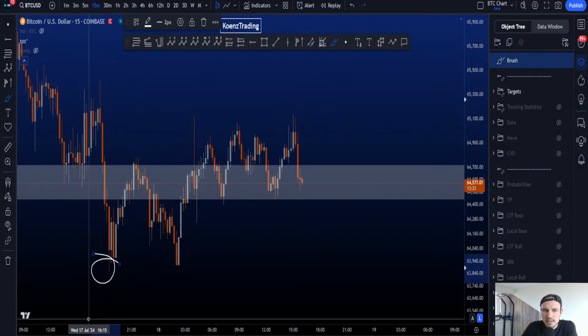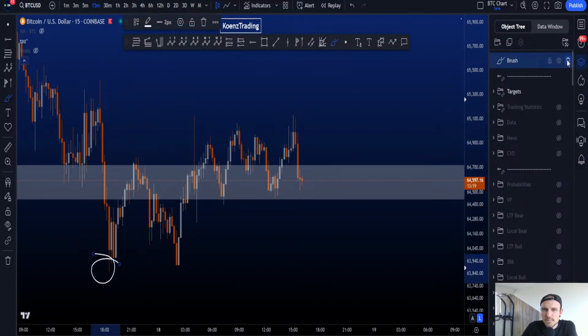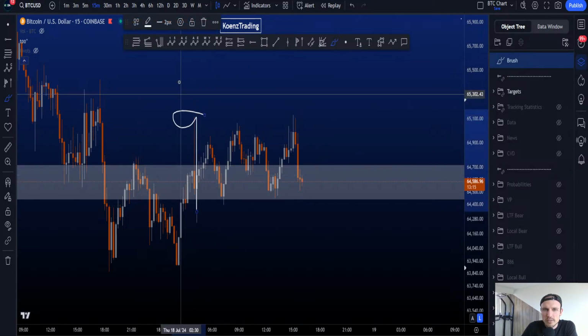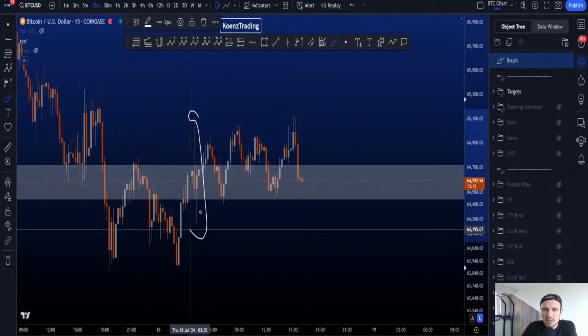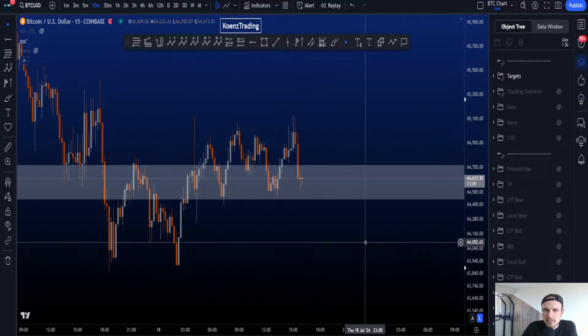I take an 886 from this one, for example, to here. Or if this was a high and we impulse down, you can take it from the high to the low to check. But this is now just sideways corrective.